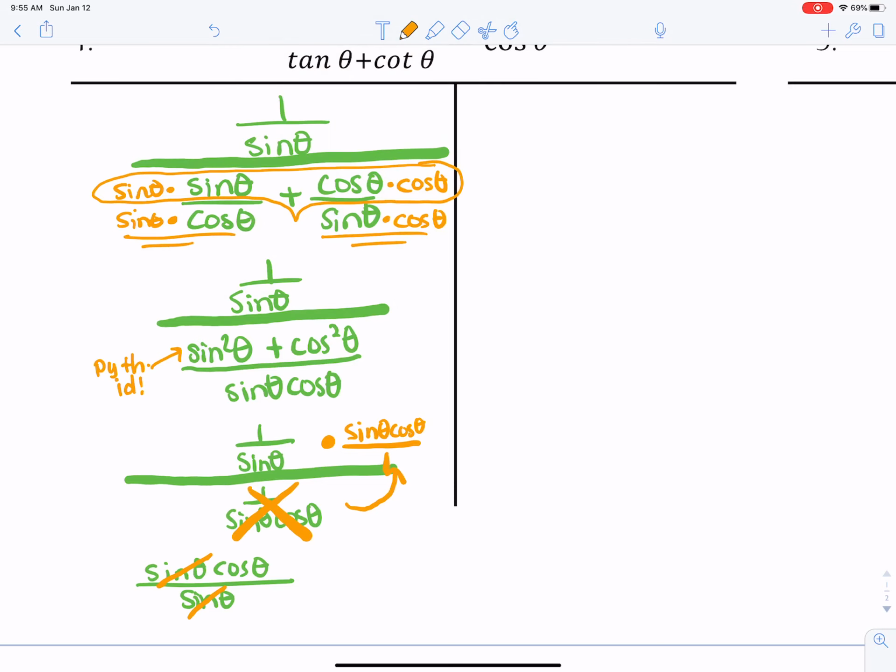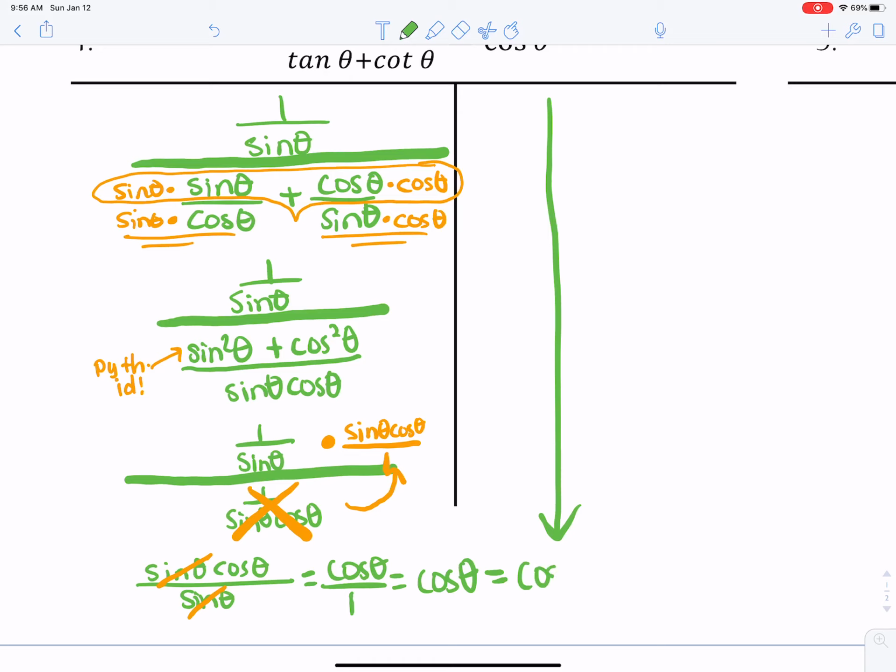Sine theta and sine theta, they simplify. And this is cosine theta over 1, which equals cosine theta. And therefore, we have done it. The left side equals the right side. QED. If I had more room, I would keep going down vertically, but I ran out of room, so I've got to end the last little part horizontally.